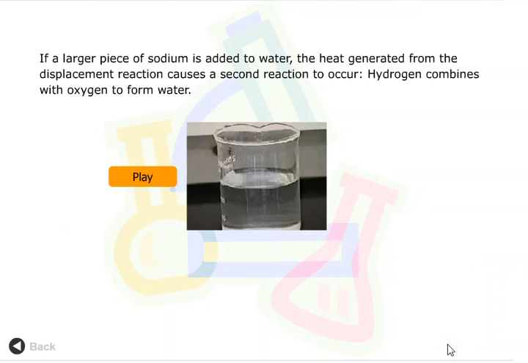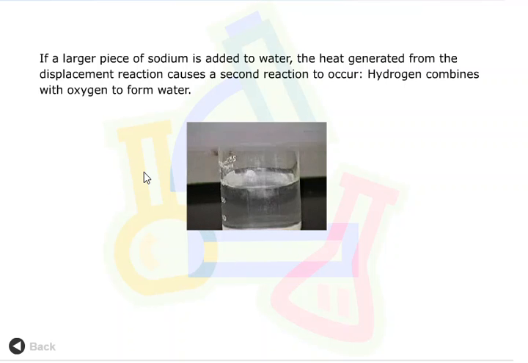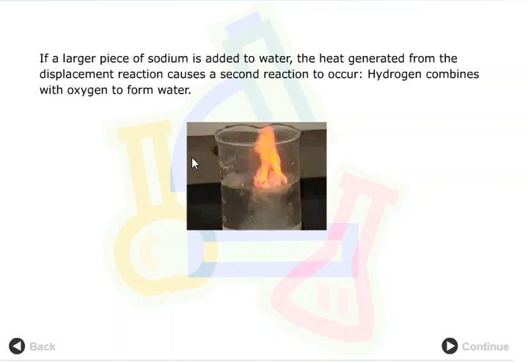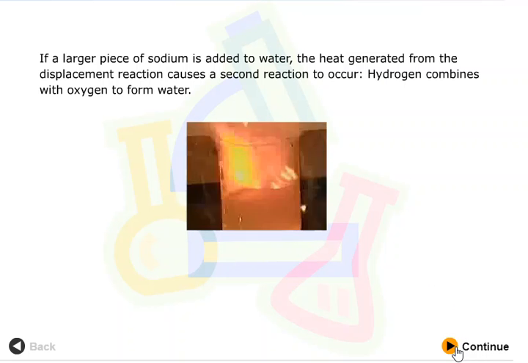If a large piece of sodium is added to water, the heat generated from the displacement reaction causes a second reaction to occur, that is, hydrogen combines with oxygen to form water. This heat release is a second oxidation reaction. You can see this.